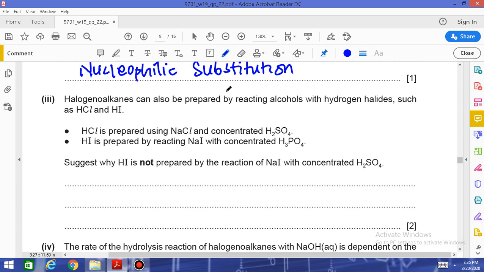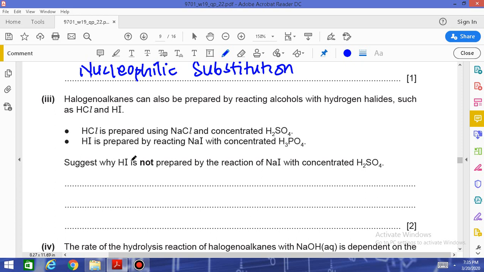Halogenoalkanes can also be prepared by reacting alcohols with hydrogen halides such as hydrochloric acid and hydroiodic acid. HCl is prepared using sodium chloride and concentrated sulfuric acid, and HI is prepared by reacting sodium iodide with concentrated phosphoric acid.